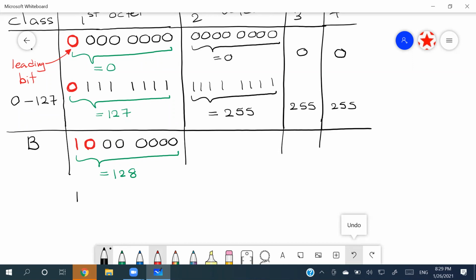So 1, 0 is not going to change, and others are going to be in ones. And that will give you 191 as the most value in the class B.